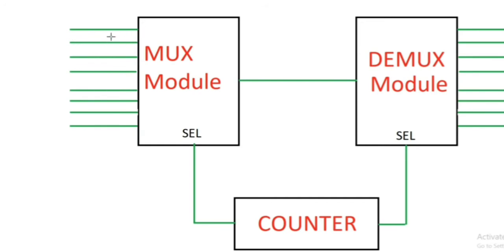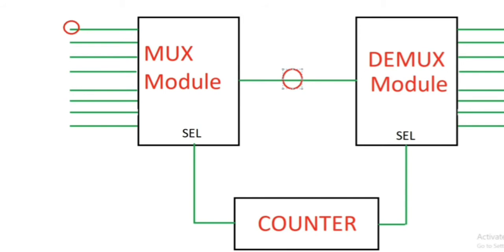For the first clock, I will connect this one, the data here, with the data here, because the selector is the counter, so it is 0. So the selector here is 0 and the selector here is 0. So it takes this 0 on this wire and then demuxes out this 0 on this wire.